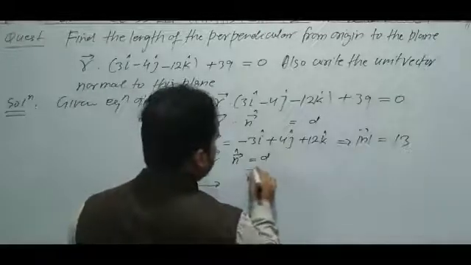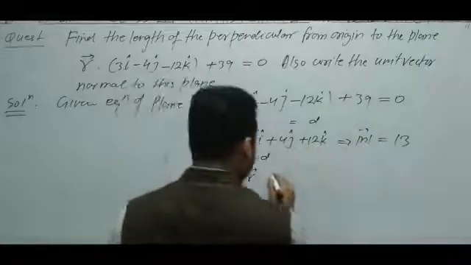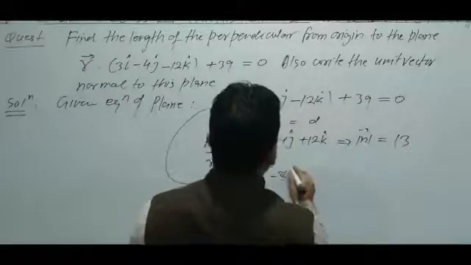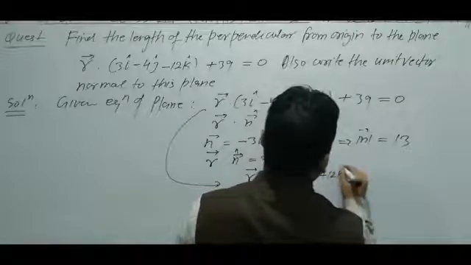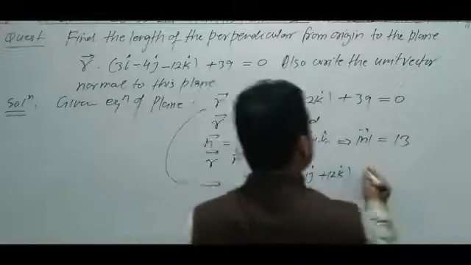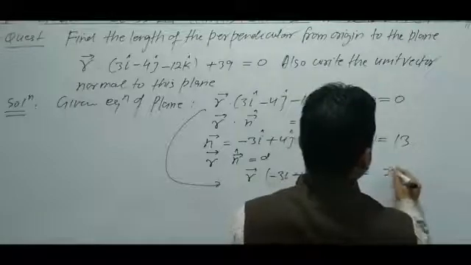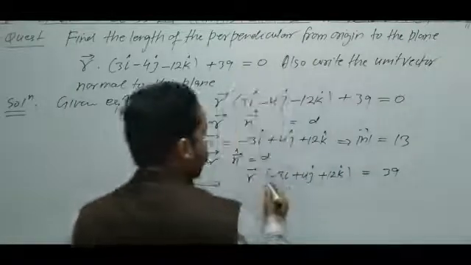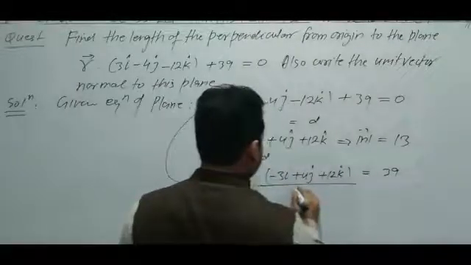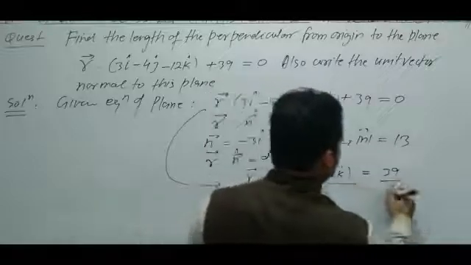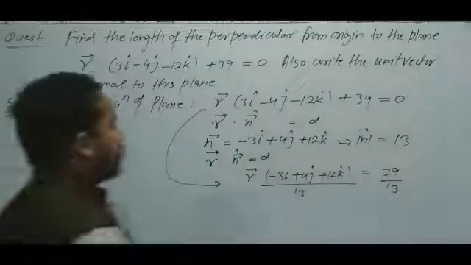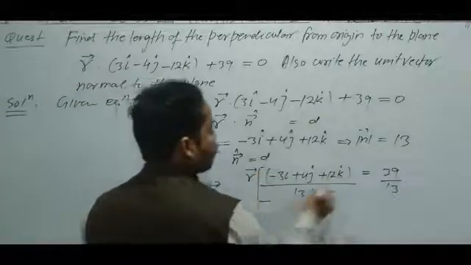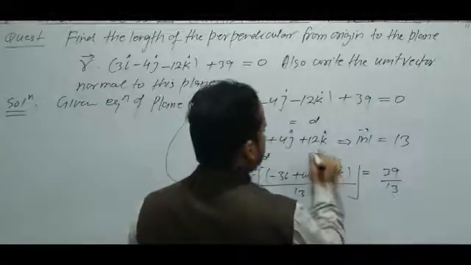So vector r dot minus 3i plus 4j plus 12k is equal to 39, and whole upon 13, whole upon 13. Now this is the form of unit vector n cap.